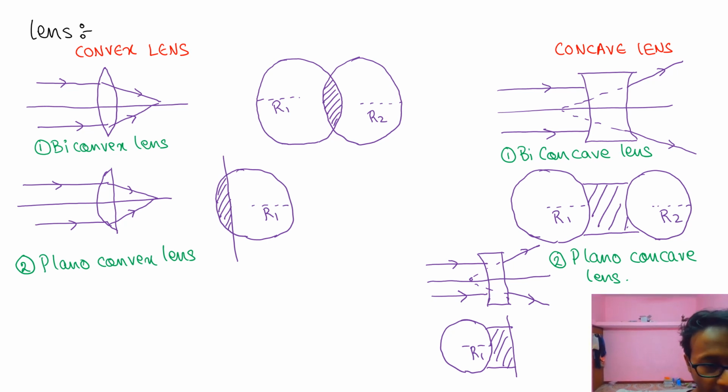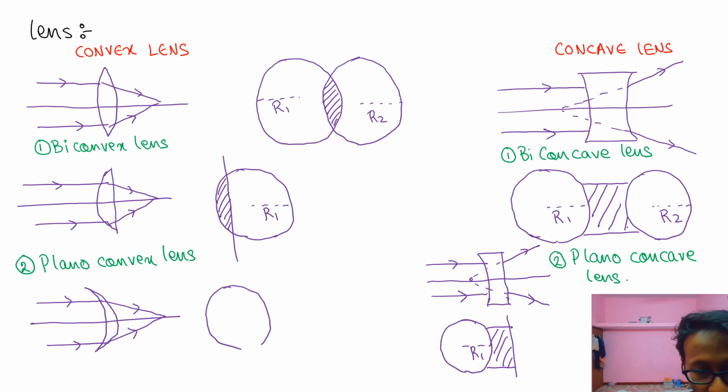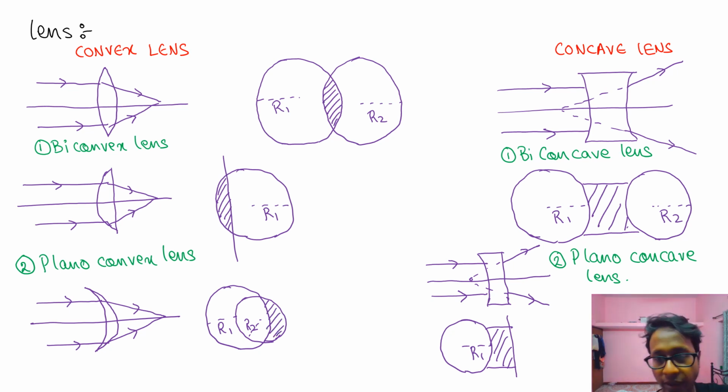Now the third type of lens that I'm going to study is, suppose, a lens that is made by this one. How are these lenses made? This lens is made by an intersection of two spaces, a sphere of radius R1 and another sphere of radius R2, and this region is the lens out here.